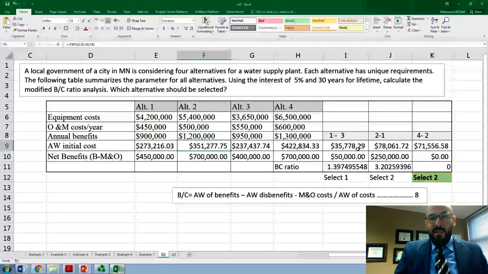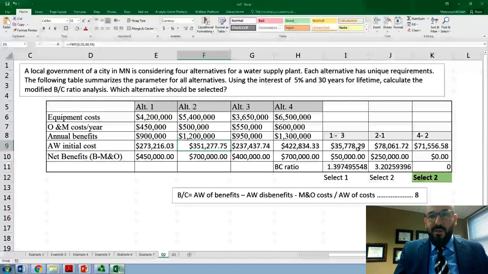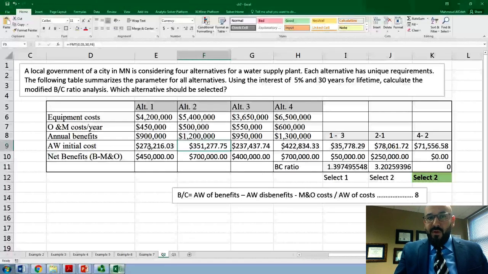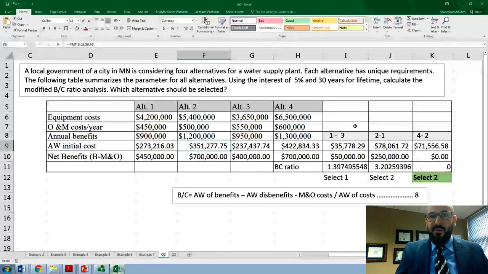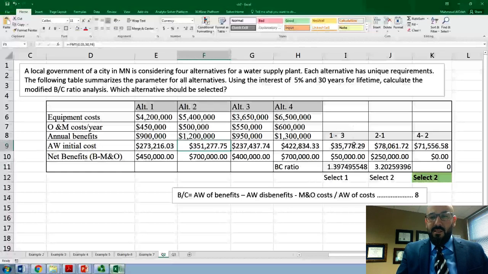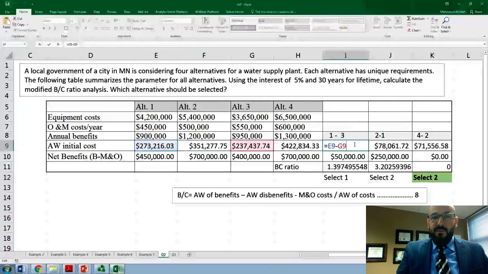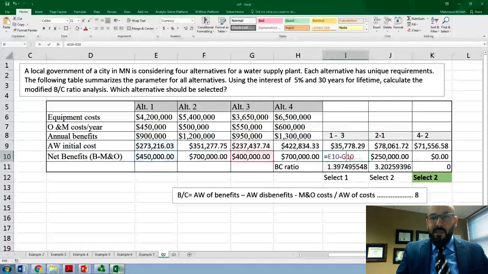That would be 1 and 3. In order to do the incremental analysis, we subtract the higher cost minus the lower cost. In this question, alternative 1 has the higher cost, so we do the incremental analysis based on alternative 1 minus alternative 3 for the initial cost, and the same thing for the net benefit.